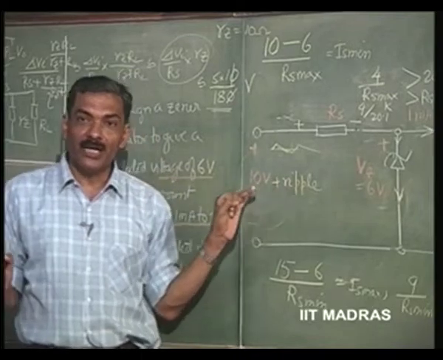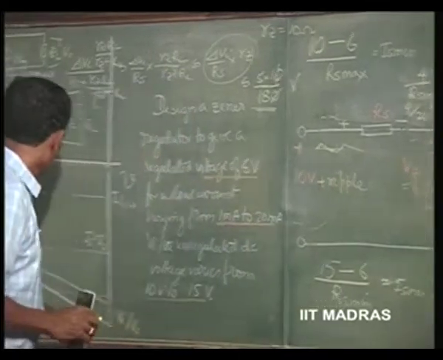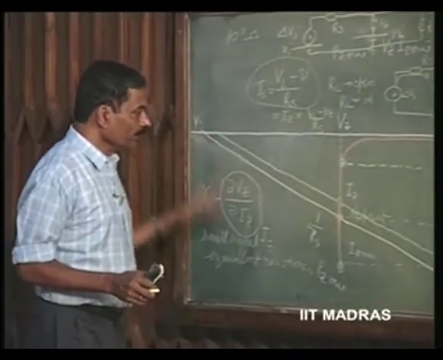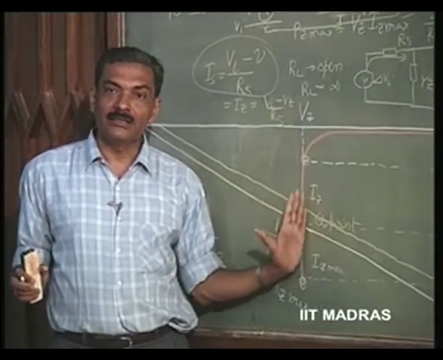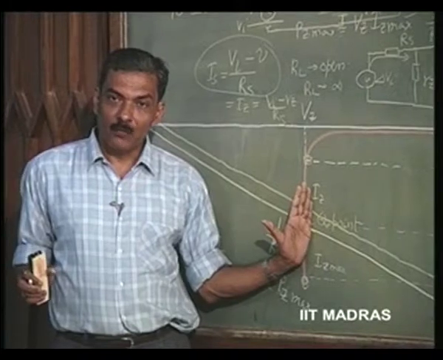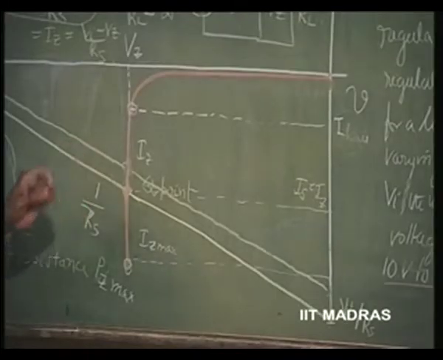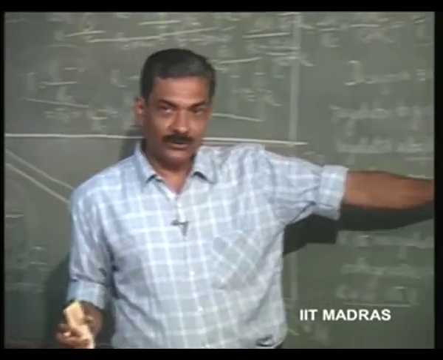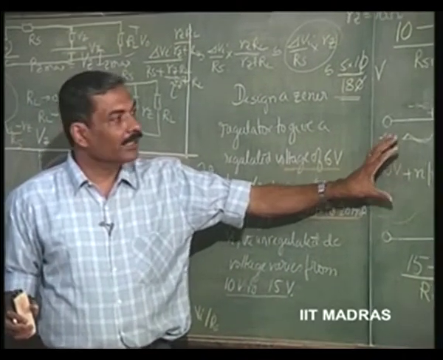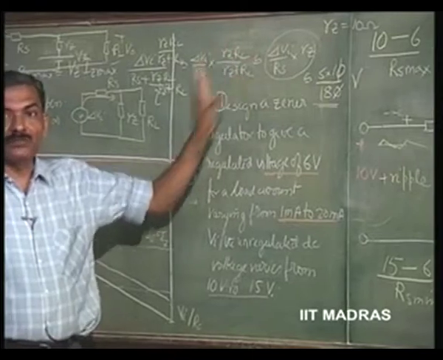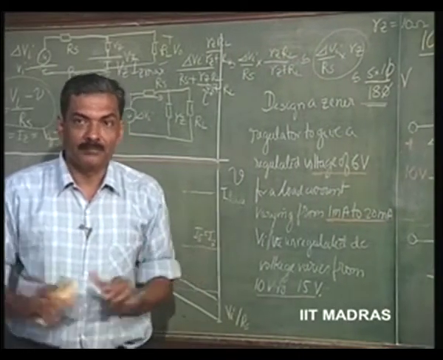When there is such a large voltage change from 10 volts to 15 volts, maybe it is not right to assume that this is linear. Whereas, definitely the ripple itself is a small change over 10 volts, and for that small change in 10 volts we can put down this equivalent circuit without any hesitation whatsoever.